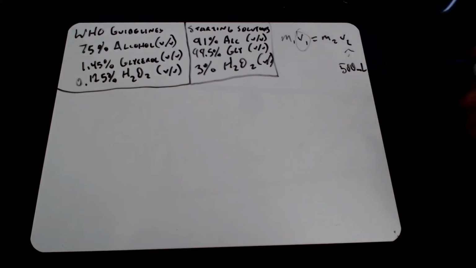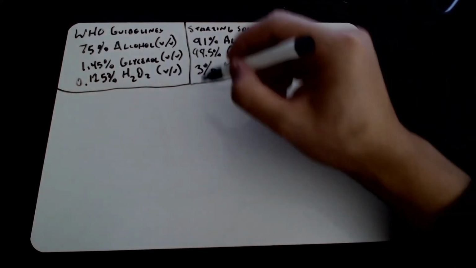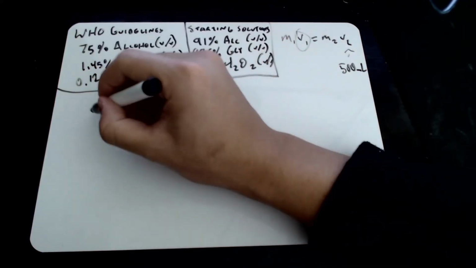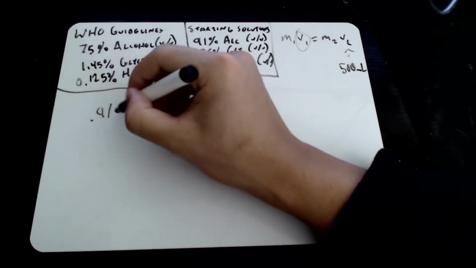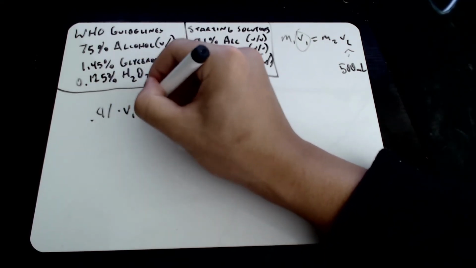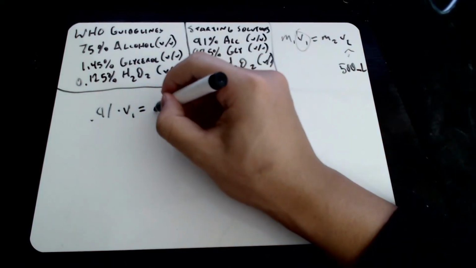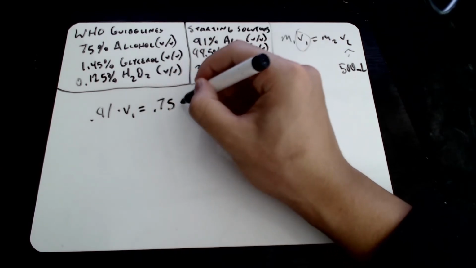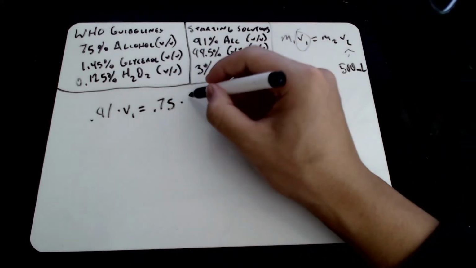So, for example, to calculate the volume of alcohol required, we're going to plug in the numbers. 0.91 times V1 equals 0.75 times 500.